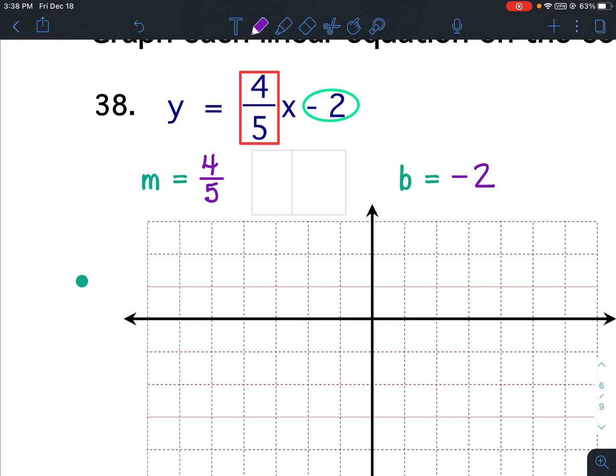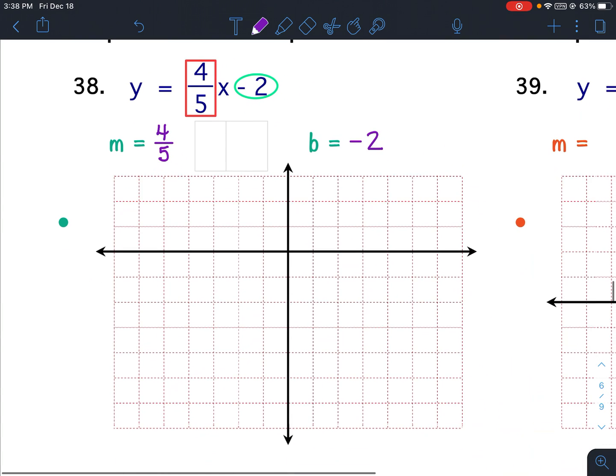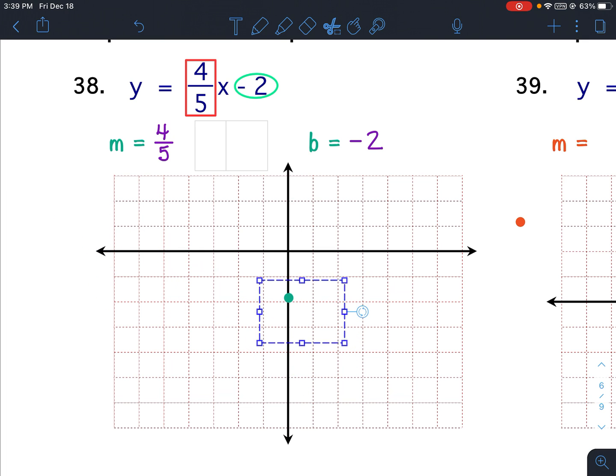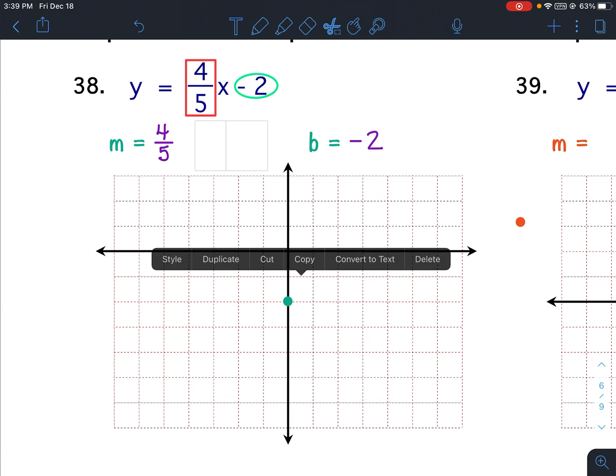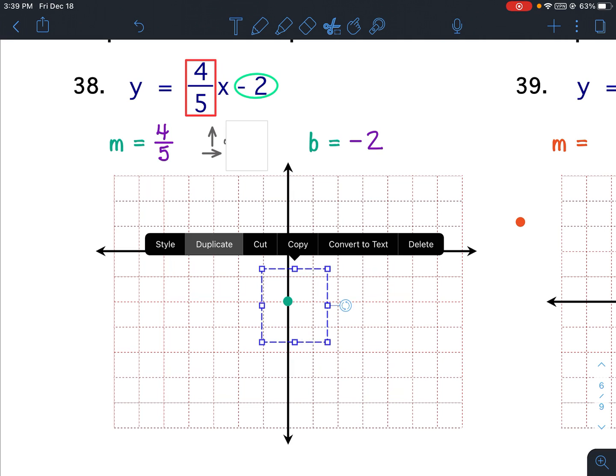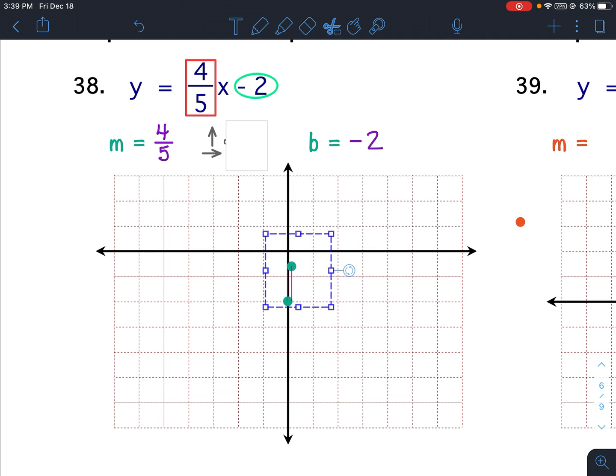So I'm going to start at -2 on the y-axis. And then from there, my slope is 4/5, which is positive, so it's going to go up 4 and to the right 5. I'm going to go up 4, 1, 2, 3, 4, and to the right 5. 1, 2, 3, 4, 5.